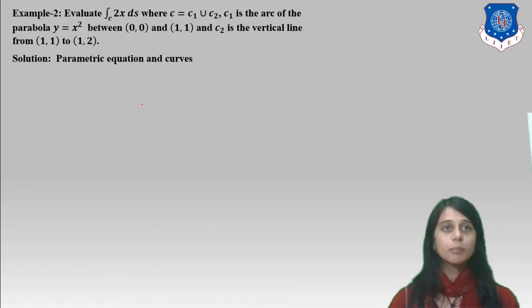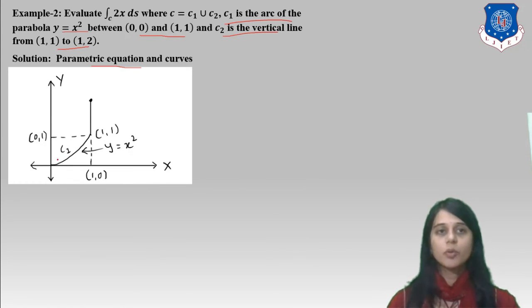Okay. Next example: evaluate the integral over C of 2x ds, where C equals C1 union C2. C1 is the arc of the parabola y = x² with limits 0 to 1. C2 is the vertical line from 1 to 2. The curves are of this type: this is the parabola y = x² and these are vertical lines.